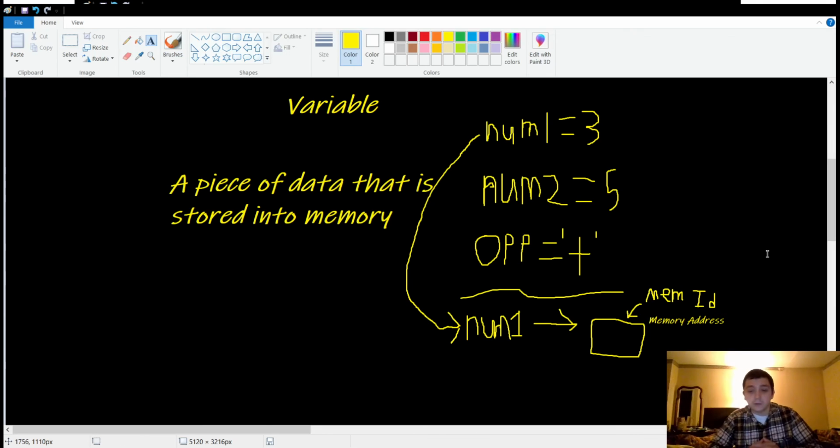Just like you would have an address of a house, there's an address to that piece of memory that's being allocated by that variable. So let's just say it lives at, I'll just call it 0 for now. I'll call it 2. Hold on. Time to go to the brush. Let's say the memory ID is 1.